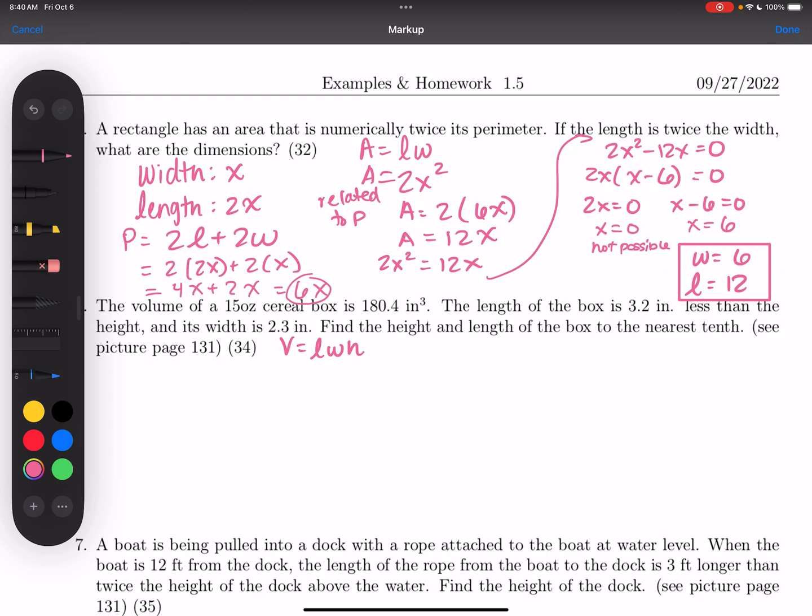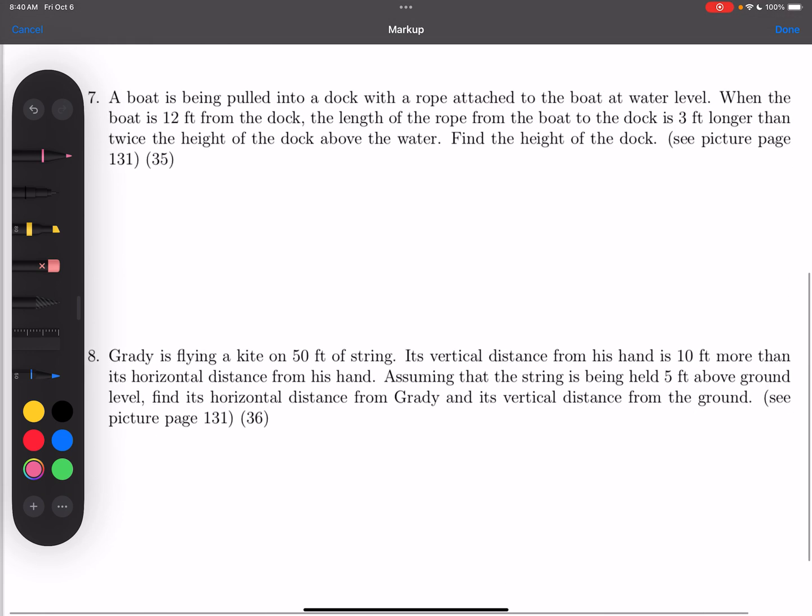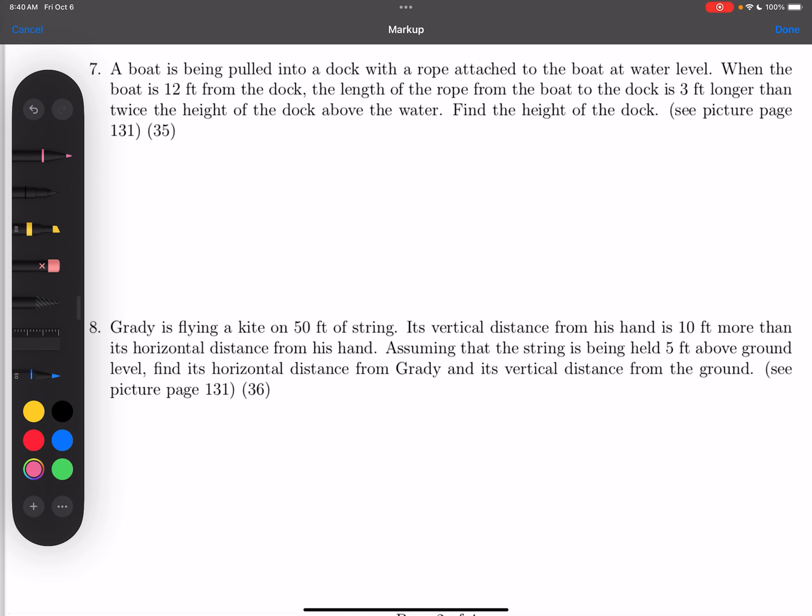All right, let's go down to this one. Hold on. I need to check and make sure I don't have a typo on this problem.